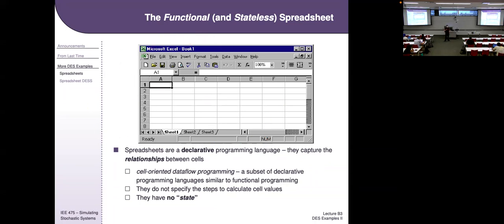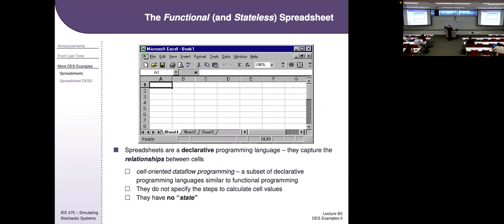The relationships are always true, and you are programming the spreadsheet, but it's unclear how the numbers got updated. You just know that these relationships had to be the case. That's why spreadsheets are also known as cell-oriented data flow programming, which is a type of declarative model. So it's a type of functional programming.